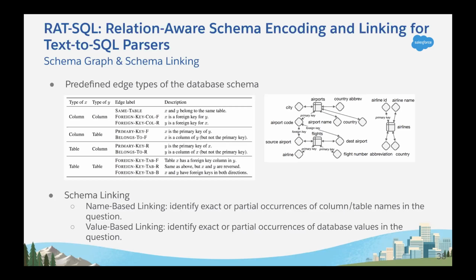Another type of relation is called schema linking, which is the relation between your question and your database schema. The first type is called name-based linking.